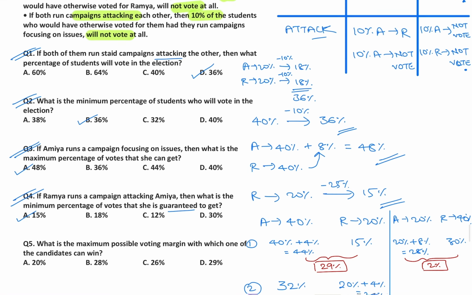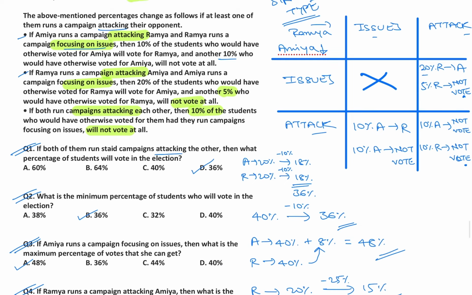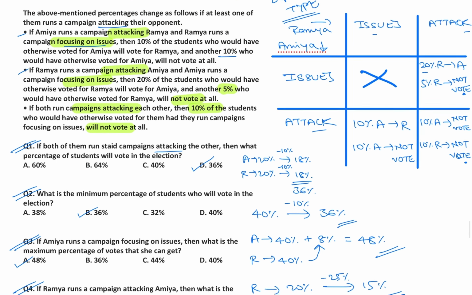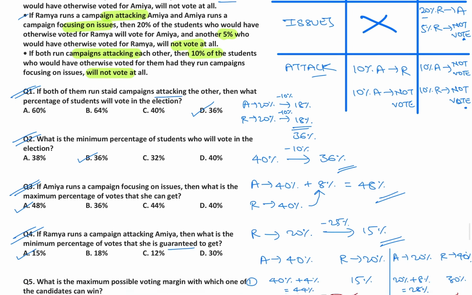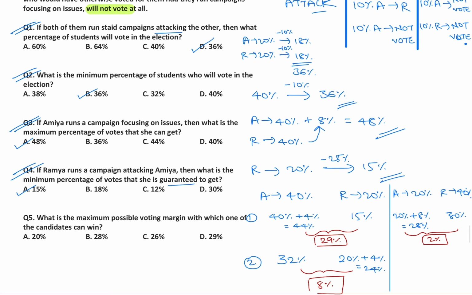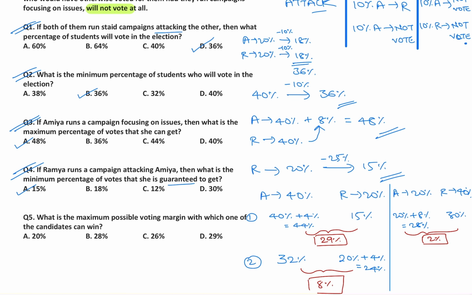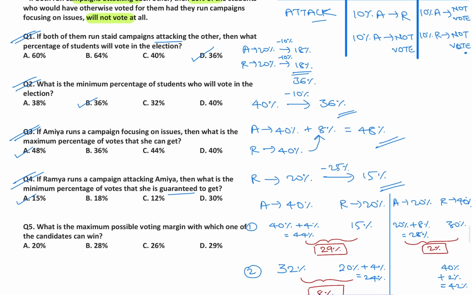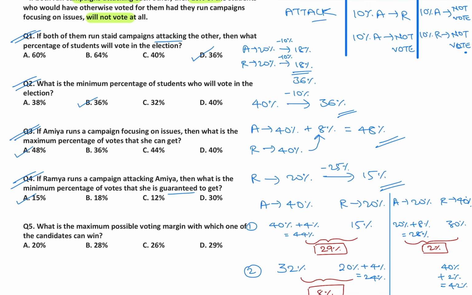The last case that I have to look at is when Amya is attacking and Ramya is focusing on issues. 10% of A is getting redirected to A. So I already have 40% here, 10% of A is coming here, so this is 42%. And A is losing 10% to R, and 10% of them are not voting.